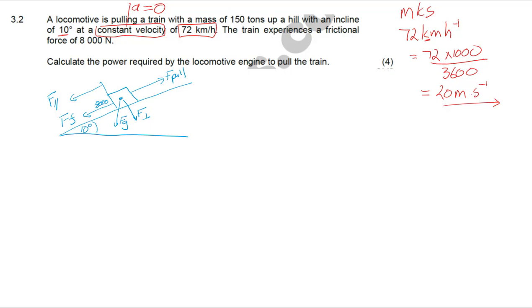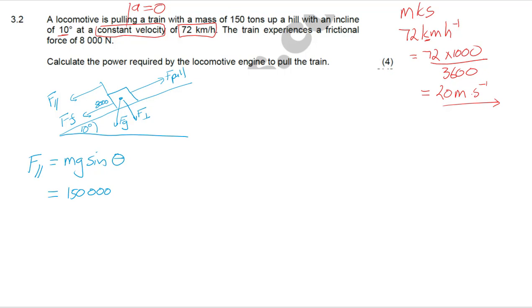So what do we have to do? First of all, we have to calculate F parallel, because I need to know the value. So F parallel is equal to, if you remember, mg sine theta. We know the mass of the train was 150 ton. Again, that must be in kilogram, so it must be 150,000 kilogram. Why?